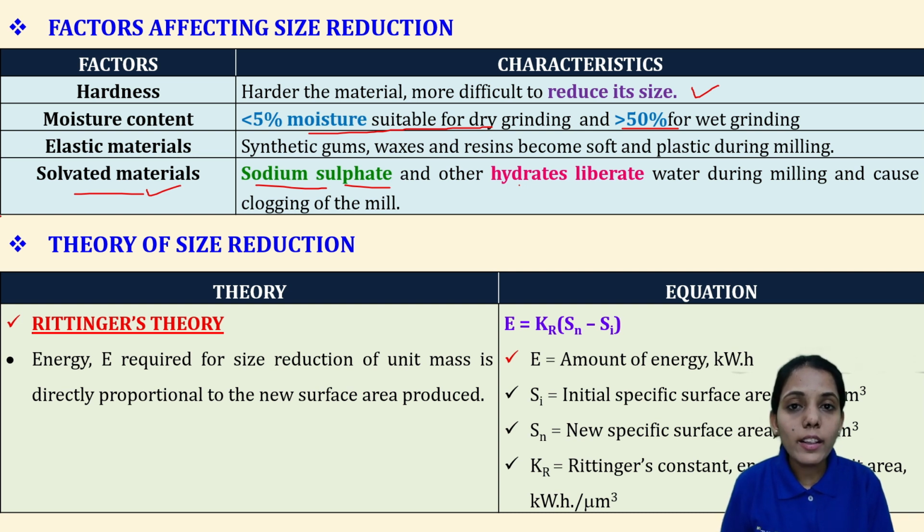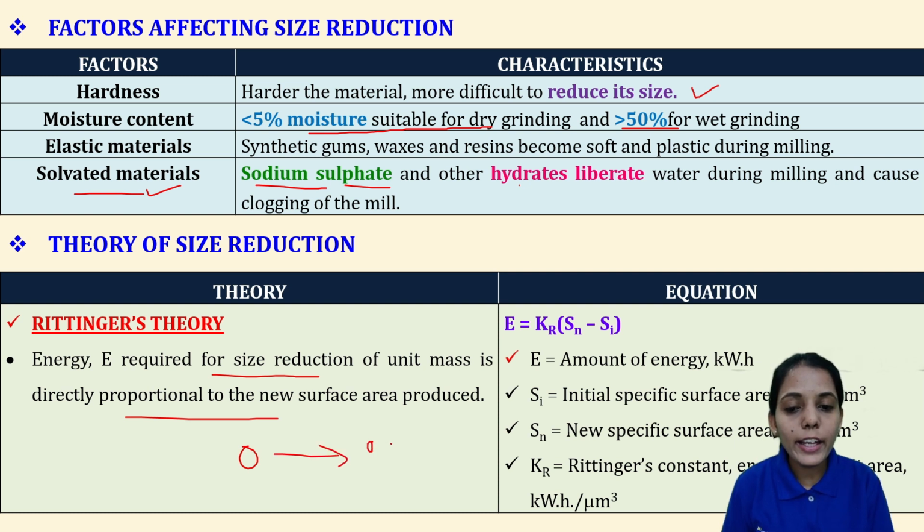Next, there are certain theories. So first is Rittinger's theory. This is the energy E required for size reduction of a unit mass. What is the energy required? That is directly proportional to the new surface area produced. For example, this is one particle.